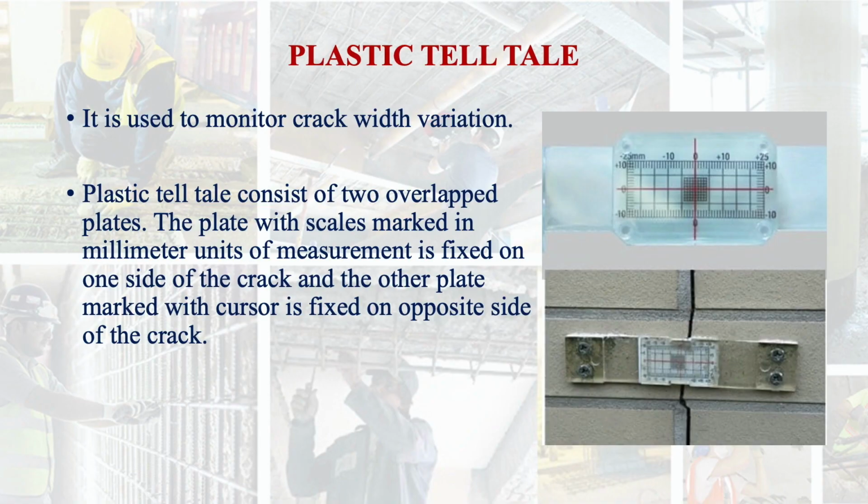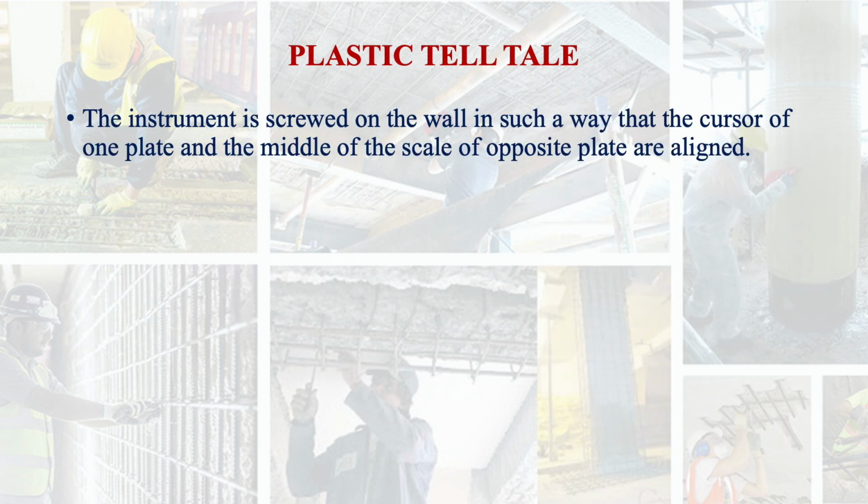The plastic telltale consists of two overlapping plates. The plate with scale marked in millimeter units of measurement is fixed on one side of the crack and the other plate marked with cursor is fixed on the opposite side of the crack, and that way you can measure the crack width. The instrument is screwed on the wall in such a way that the cursor of one plate and the middle of the scale of the opposite plate are aligned.